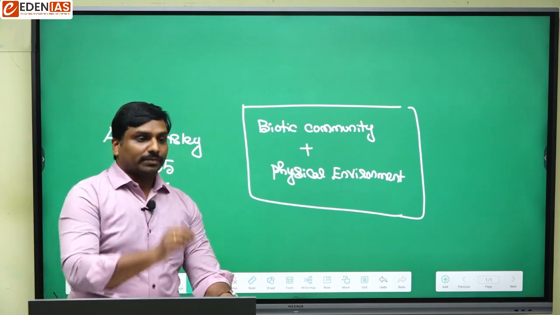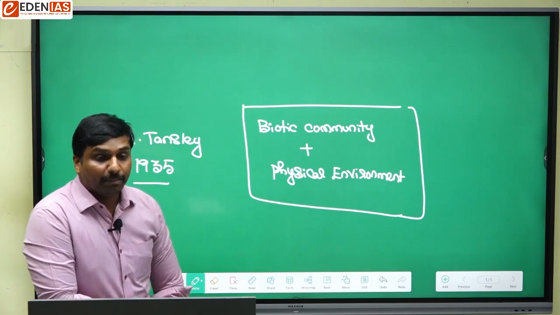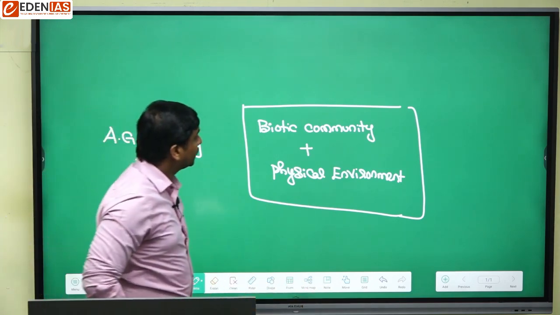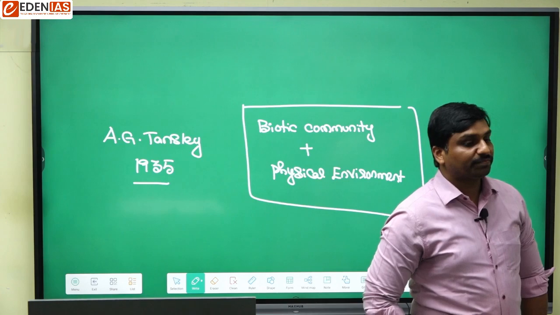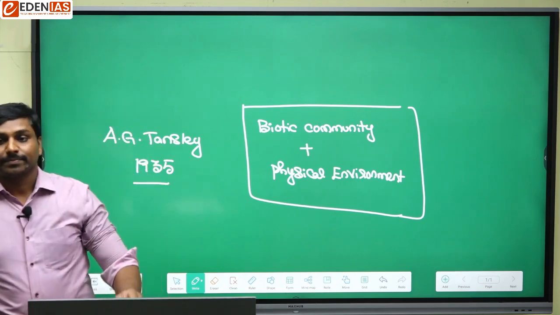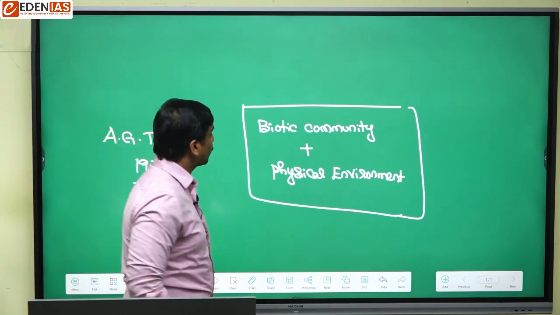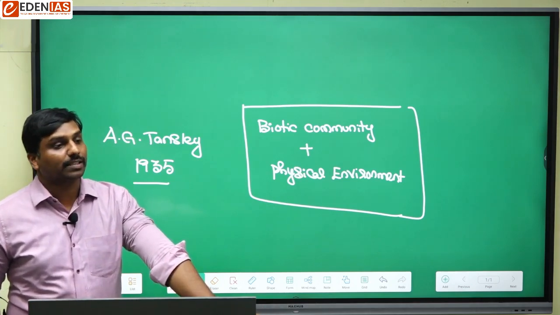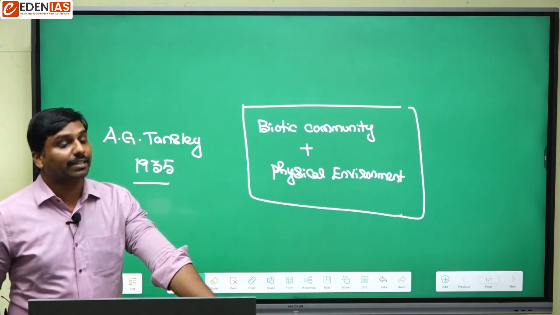Keep a full stop and mention: etymologically speaking, the word eco refers to environment, and system refers to a complex of coordinated units. A complex of coordinated units.